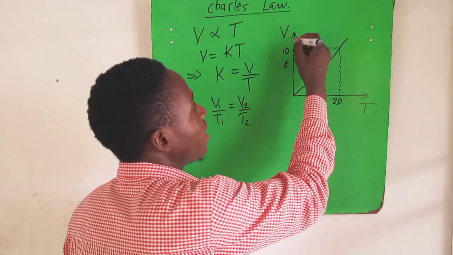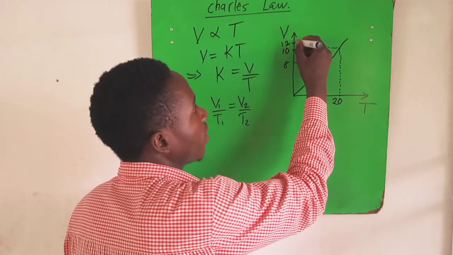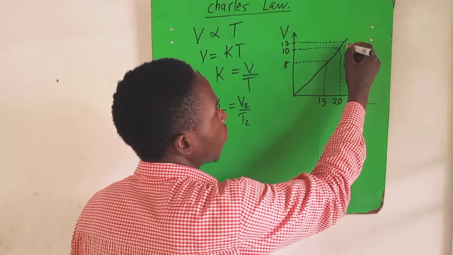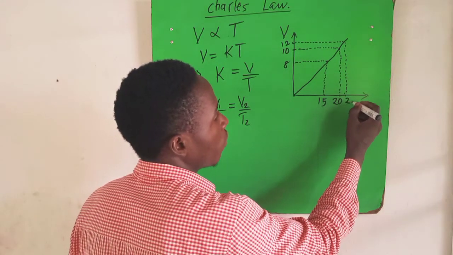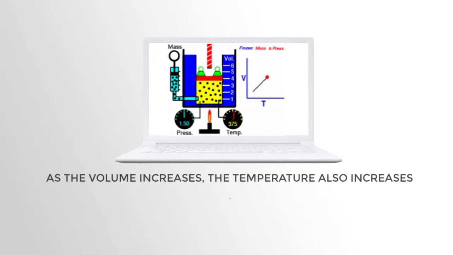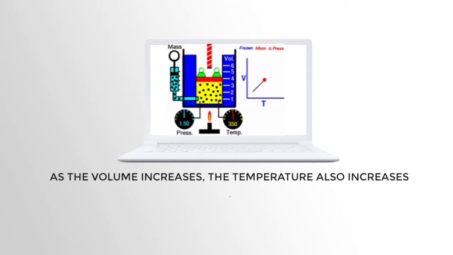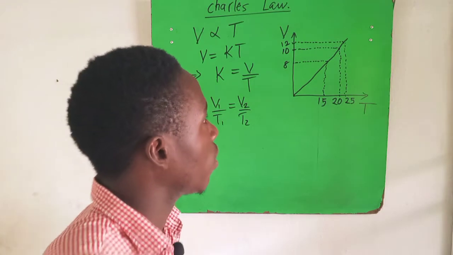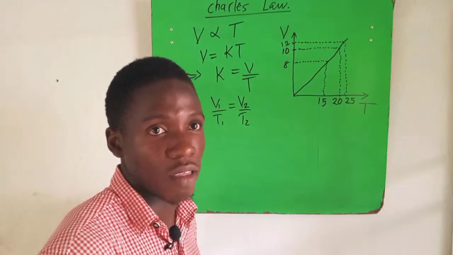And if I increase to, let's say, 12, and trace downwards, I should have, let's say, 25 Kelvin. So it means that an increment on one is an increment on the other, and vice versa.